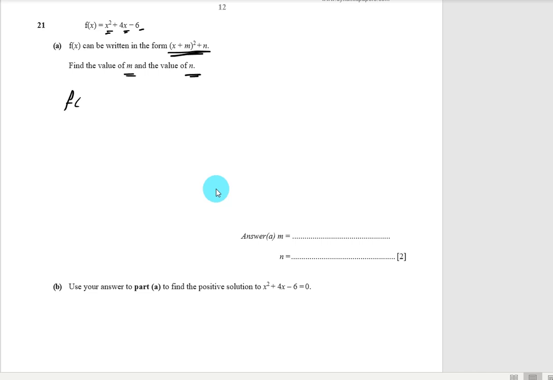So we have the function f of x equal to x squared plus 4x minus 6, and we need to write the answer in the form of this equation. So (x plus 2) squared equals x squared plus 4x plus 4.